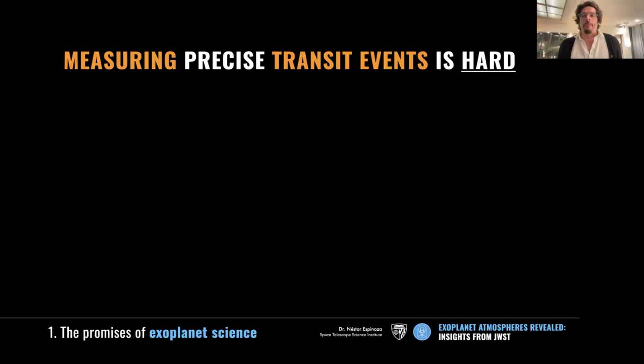If you're trying to detect an Earth-like planet around a sun-like star, it's a very tiny decreasing flux. This is like being in Maryland and trying to measure a light bulb all the way from California, from a little fly passing in front of the light bulb. That is a very, very tiny amount, and this is the kind of signal that we're looking for. So doing this is pretty hard.